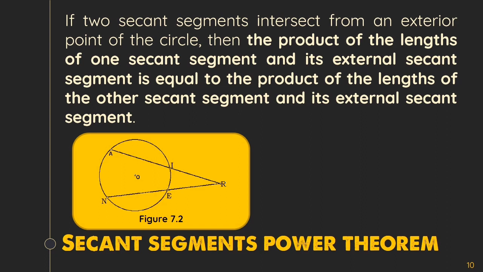Segment IR and segment ER are their external secant segments respectively. By the secant segments power theorem, the product of the lengths of segment AR and segment IR is equal to the product of the lengths of segment NR and segment ER.